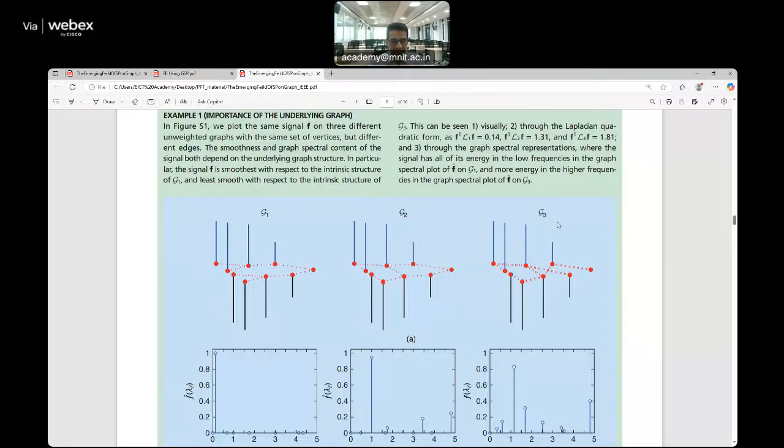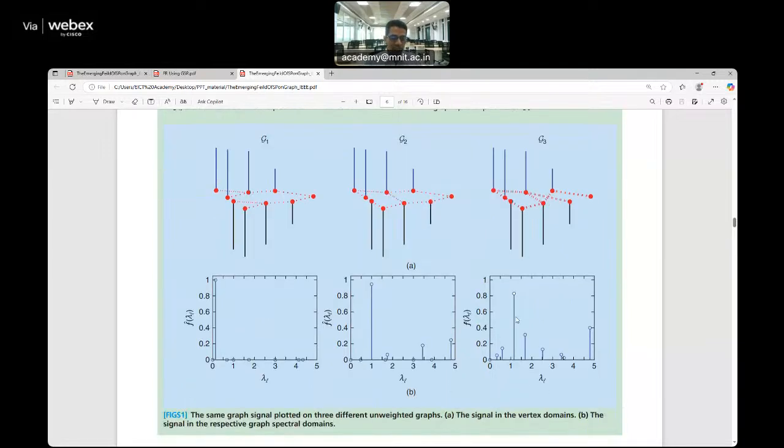In the graph 3 structure, the values are the same, but the linkages are different. Are you able to notice this linkage? This is the same here, but this linkage is not in the G1 and G2 structures.